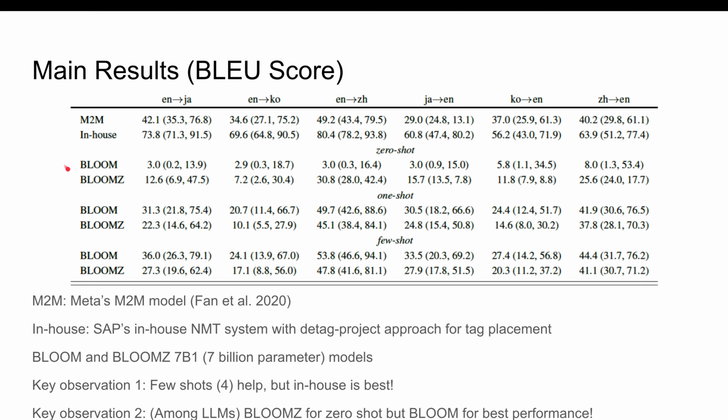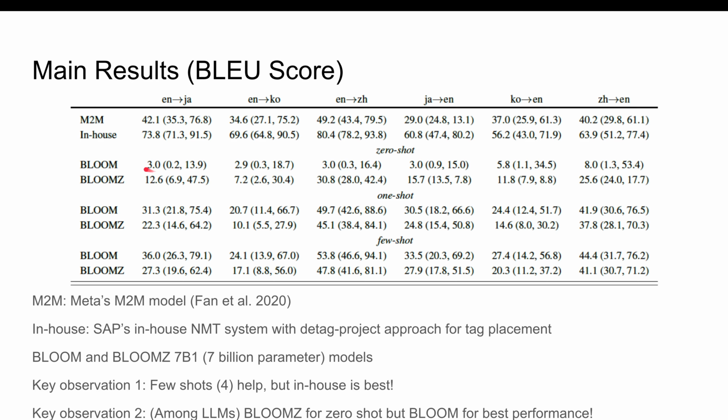We compared the BLOOM and BLOOMZ 7 billion parameter models in 0, 1, and few shot settings against baselines such as the M2M model for direct translation and an in-house SAP system with the DTAG and project approach for tag placement. Note that the in-house system is highly optimized for the domain that we're working on. One key observation is that no matter what the language pair is, in a zero shot setting, the BLOOM model tends to perform really badly.